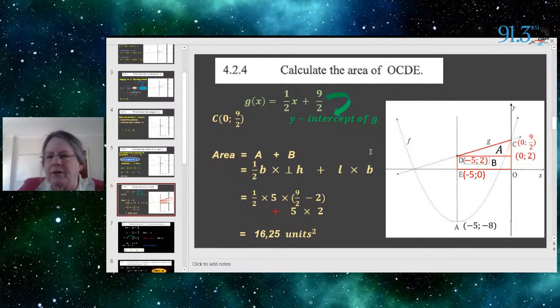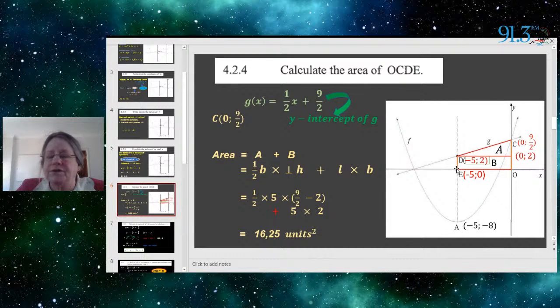So let's see what's going on here. They want to know the area of OCDE. Now it forms a trapezium because we've got two parallel lines, OC and DE.